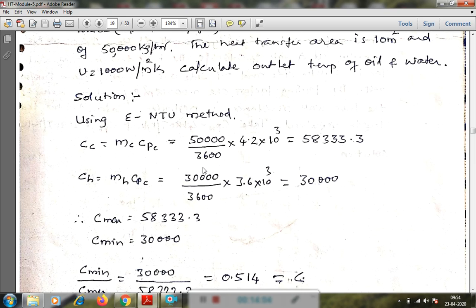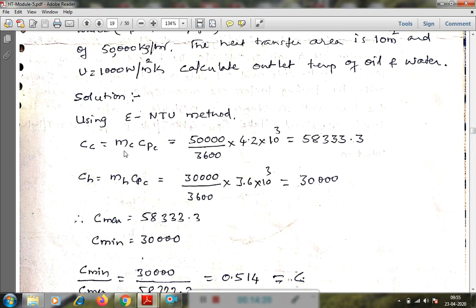For the NTU method, the first thing is to find the product of the mass flow rate and the specific heat, that is the capacity rate, for the hot fluid and the cold fluid. To find C min and C max is very important.